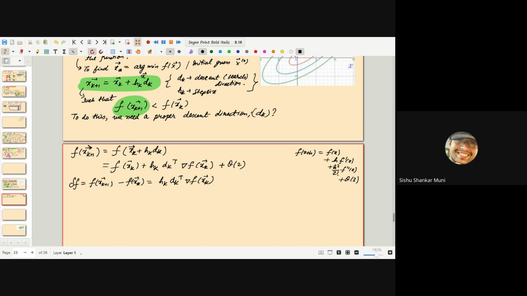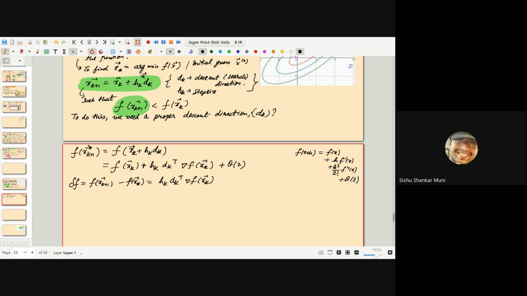But we have to be careful. I missed one thing: grad f is actually a vector and direction is also a vector. We cannot multiply vector times vector like that. So we have to use a dot product. Why dot product? Because here there is a vector, here there is a vector, but you are adding with a scalar f of xk.